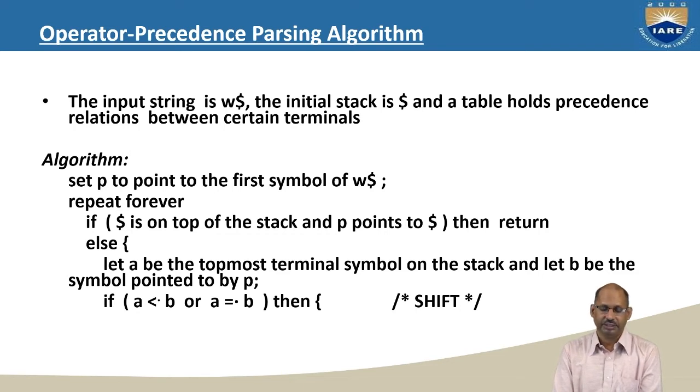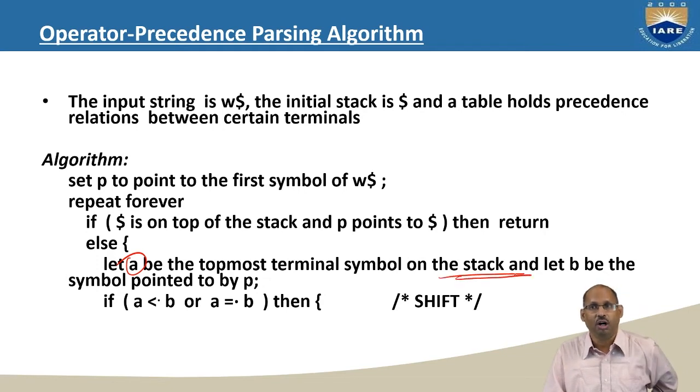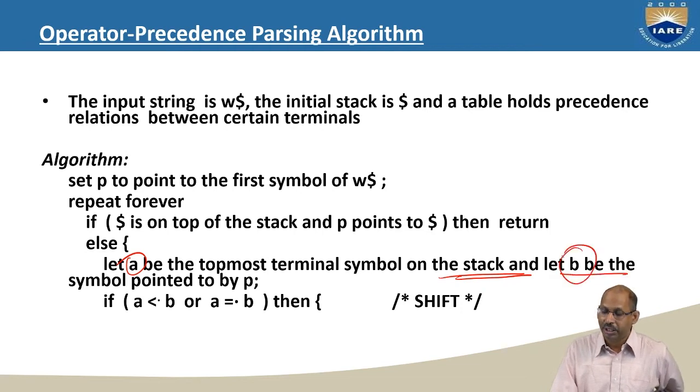Otherwise, let A be the topmost terminal symbol on the stack and let B be the symbol pointed to by P in the input. A is the stack symbol, B is the input symbol.